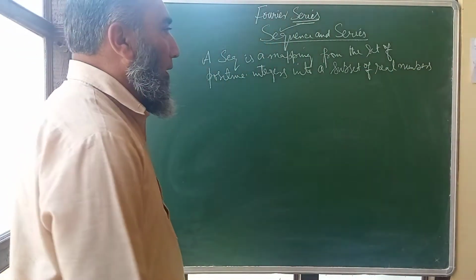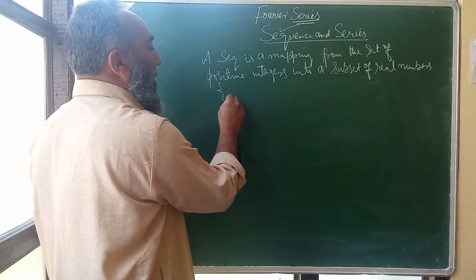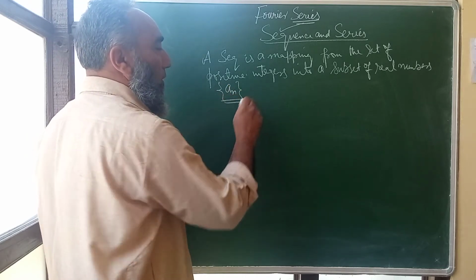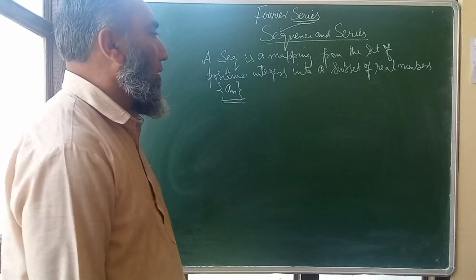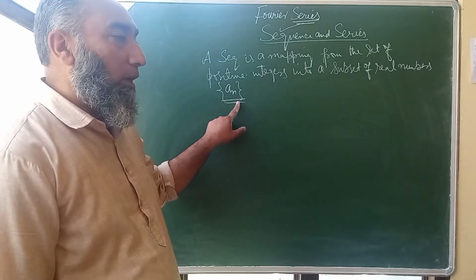Okay, and a sequence is symbolically represented in terms of curly brackets. Say sequence {a_n}. This is the symbol. Sequence {u_n}, sequence {v_n}. So these are the symbols usually denoted by curly brackets {a_n}.